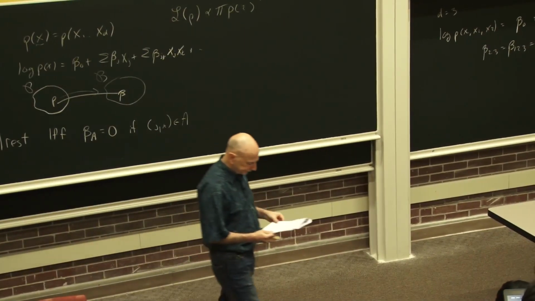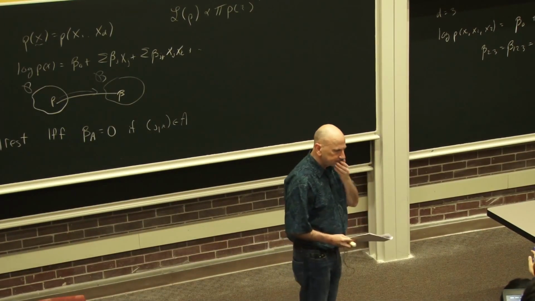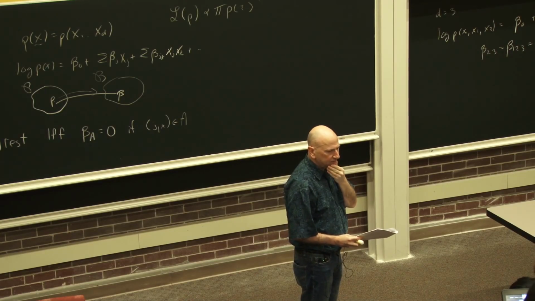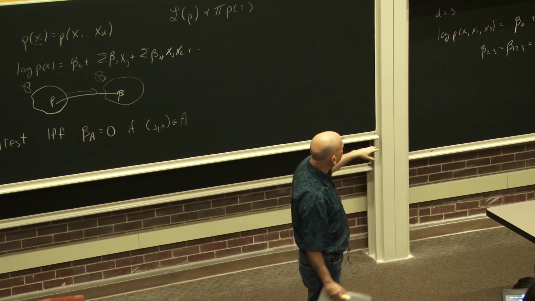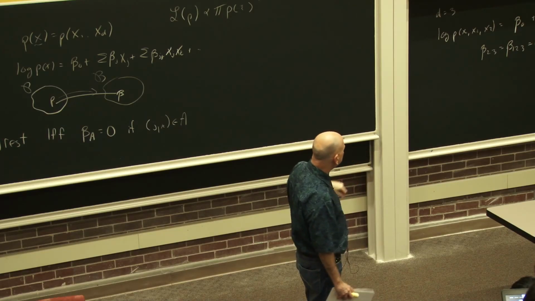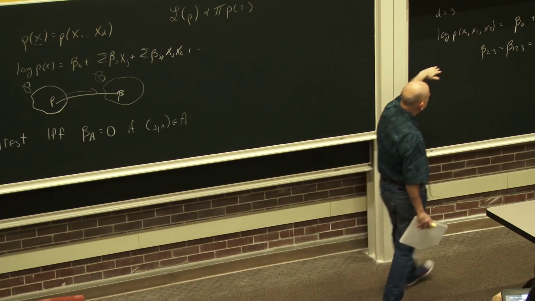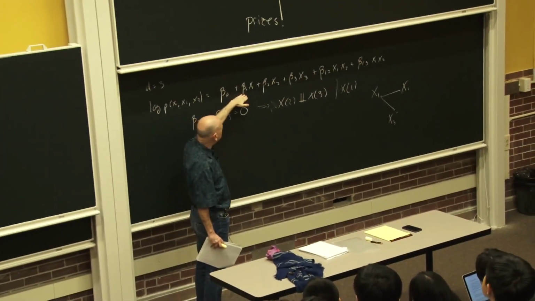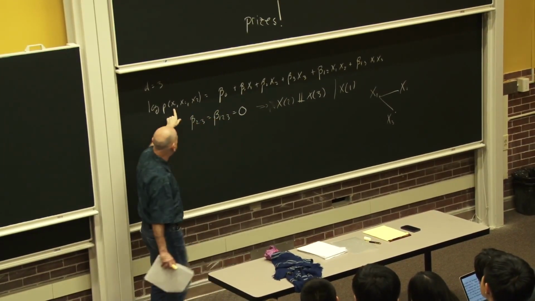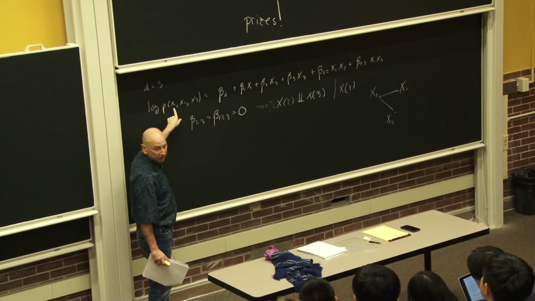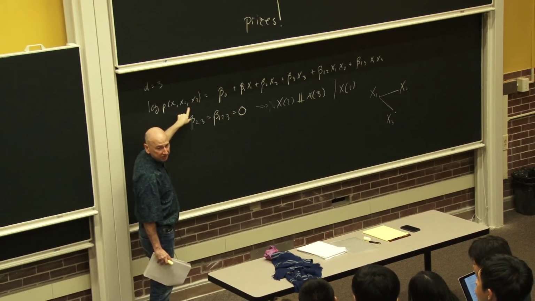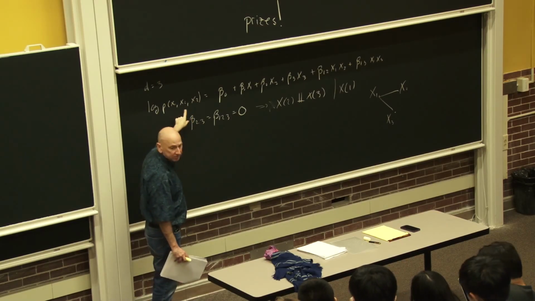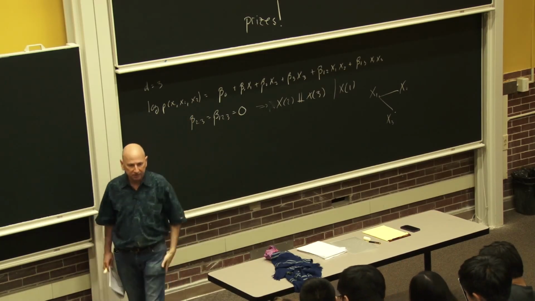Can we actually prove that when the beta is 0, this conditional independence holds? Yes, this is if and only if. How do you prove it? Oh, it's not very hard. In fact, maybe I should have made it a homework exercise. It comes from this expansion. You can check that when those things are 0, P of x1 and x2 given x3 is equal to P of x1 given x3 times P of x2 given x3. It's directly from the definition.